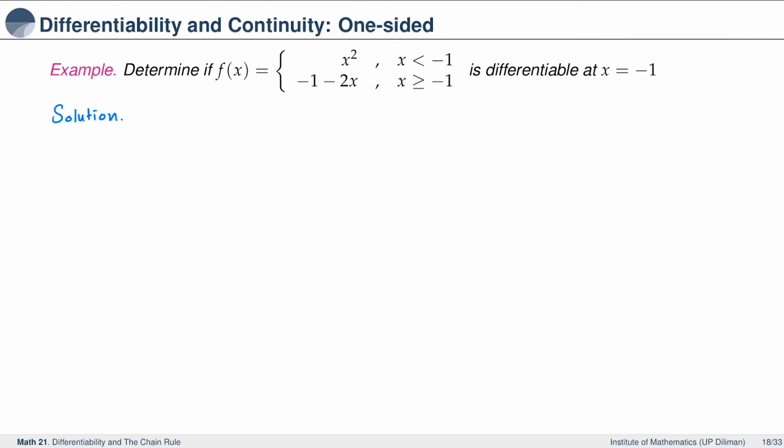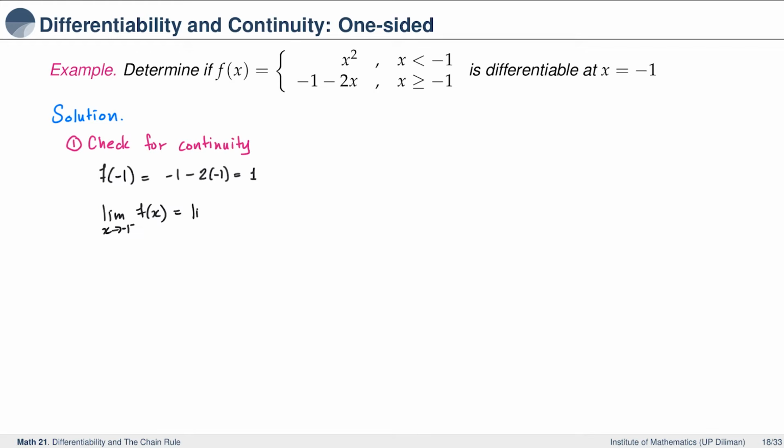So first, what did we say? Check for continuity. Okay, so first we evaluate the function value at x equal to -1. So we need to take the second condition, that is where x is equal to -1. So -1 minus 2x, if x is equal to -1, that gives us 1. Next, we evaluate the limit from the left.